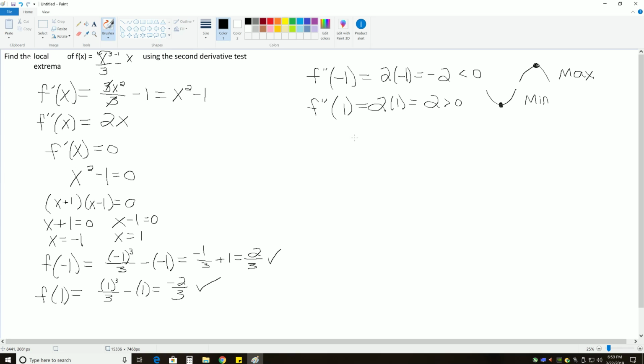Now we just want to label what each of these points are. So we'll start with the critical number -1. We said that -1 has a y value over here of 2/3. So (-1, 2/3) is a local maximum.